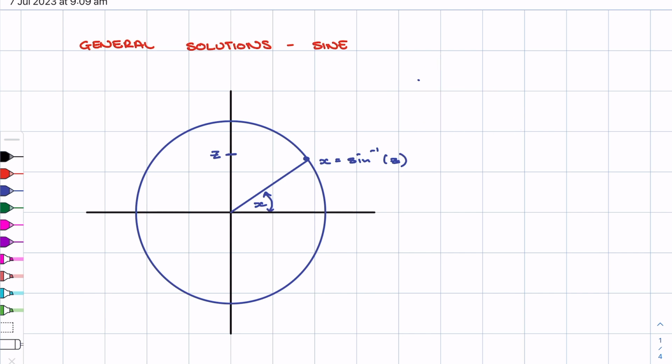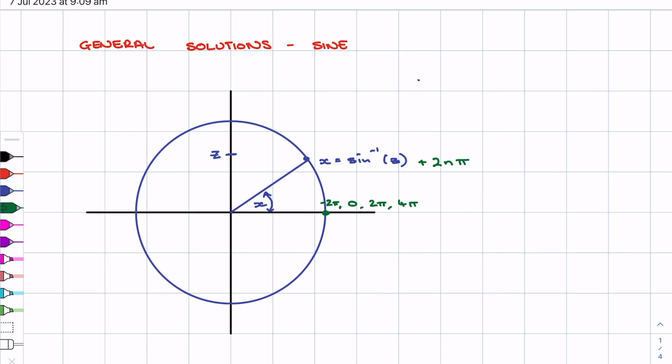Now, because we're going around the unit circle, we can always orientate it around this point here, which can be 0, 2 pi, 4 pi. Could also be negative 2 pi going into the negative realm. And what we can tack on here is plus 2n pi.